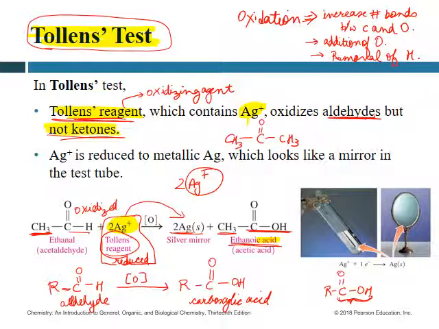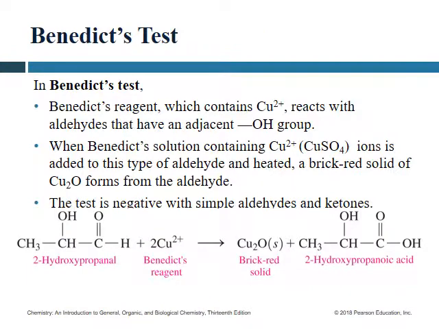Okay. The next test is called Benedict test. This is also a test to identify presence of aldehyde, but this test is specific towards one specific type of aldehyde. It will only give a positive test with the aldehydes that have an adjacent hydroxyl group.